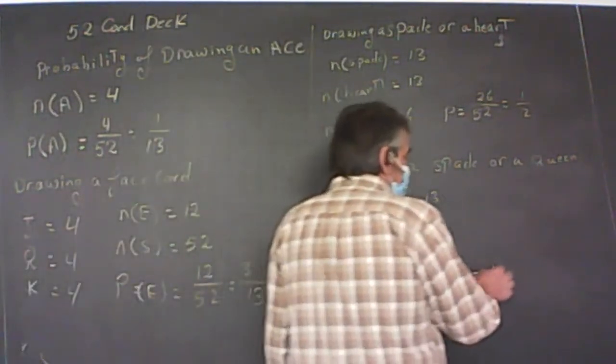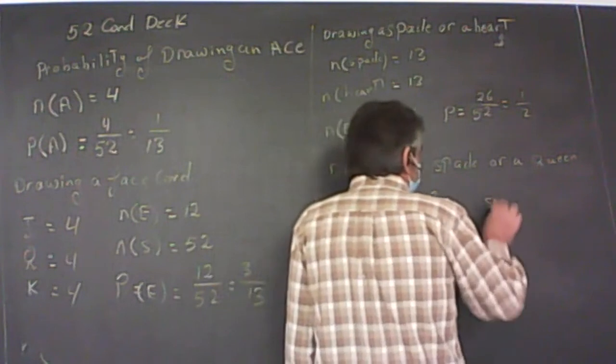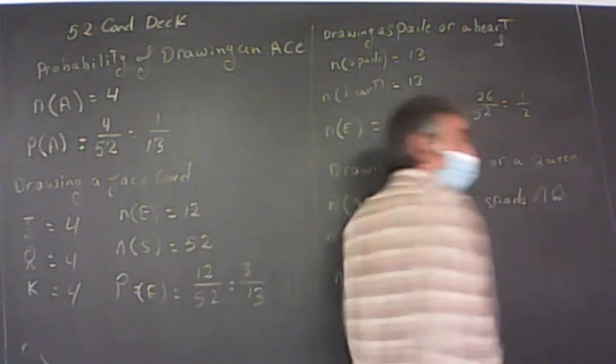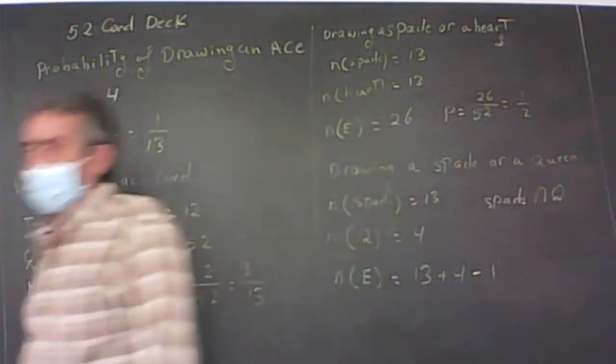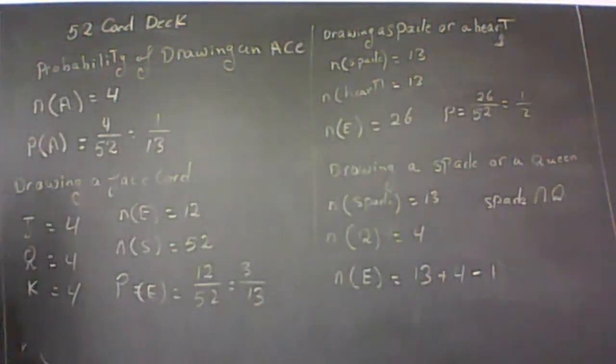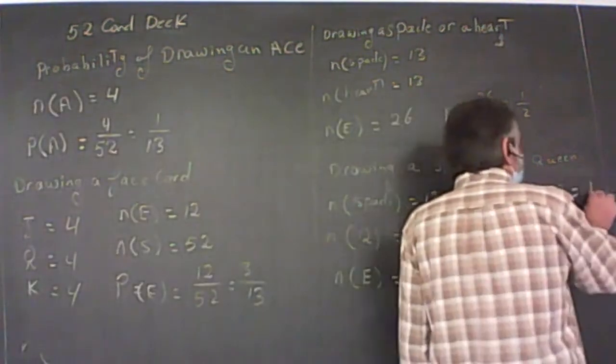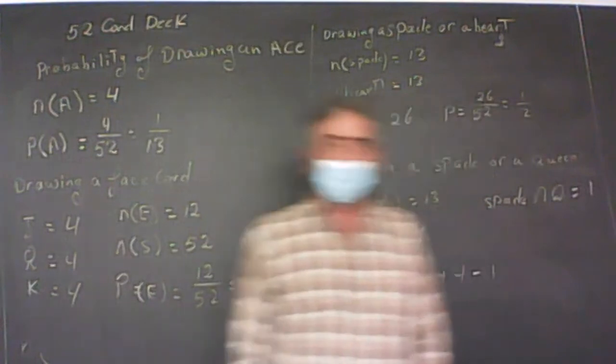Now, where does this one come from? This one is the intersection, the spade queen. There is a card that is a spade and a queen at the same time, right? And how many of those cards are there? Just one. Yeah?